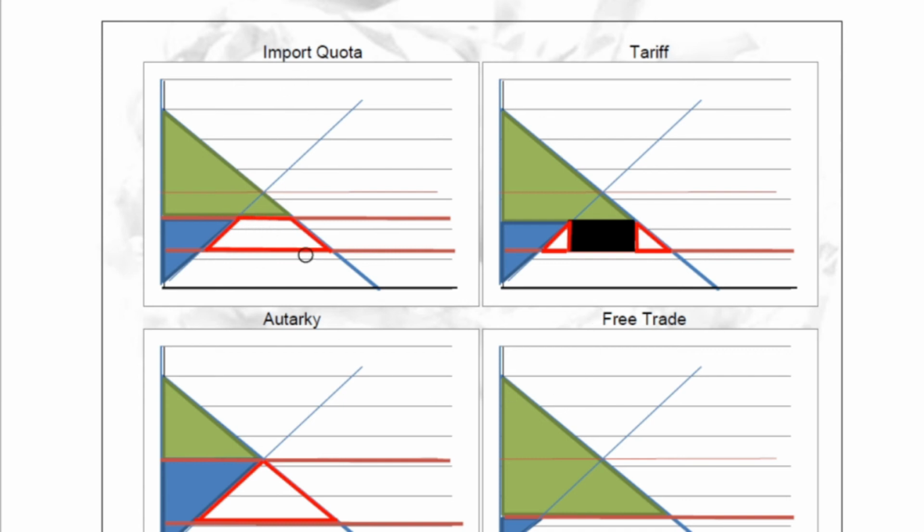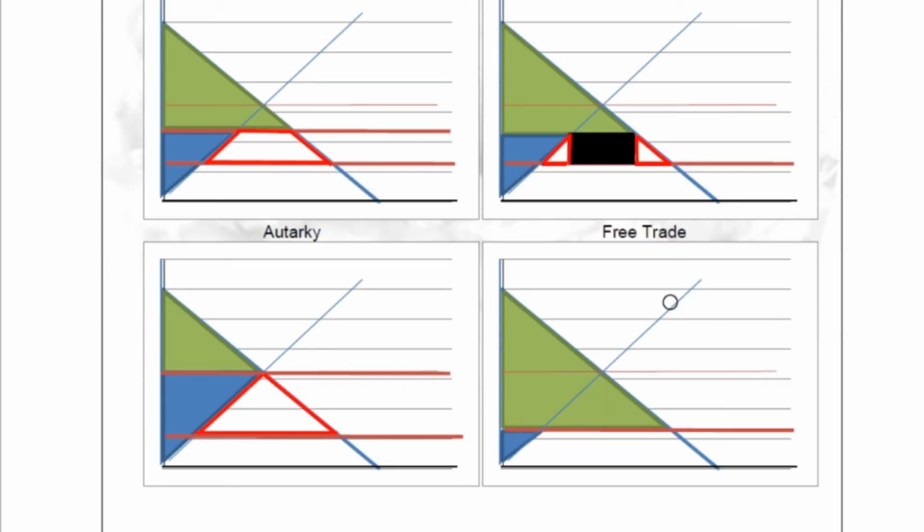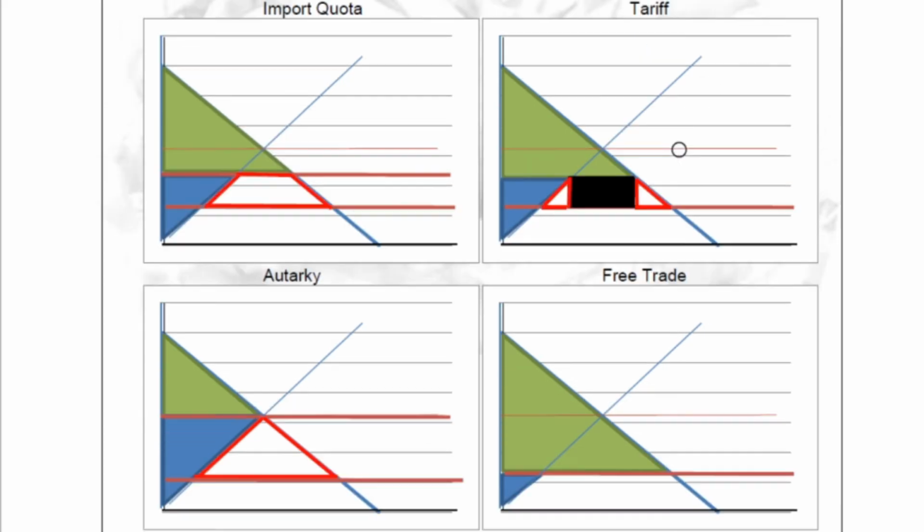In the import quota we have all this deadweight loss, and in the tariff we have these small triangles. So again, free trade is the most efficient one, then the tariff, then the import quota, and the least efficient is autarky.